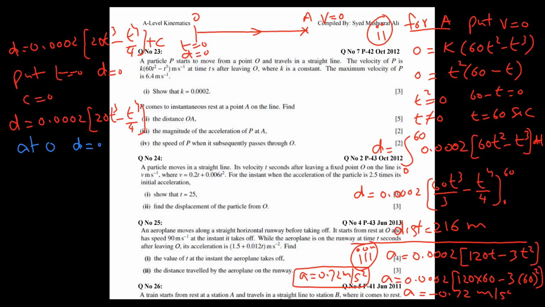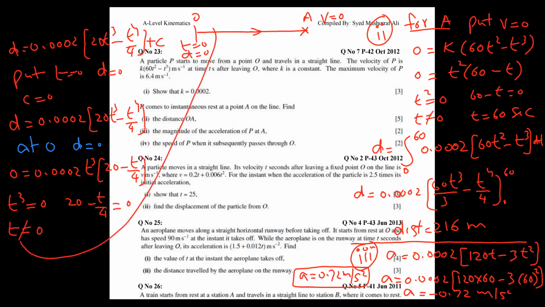So I put 0 here: 0 equals 0.0002, and I can take t cubed common from inside, giving 20 minus t over 4. So either t cubed equals 0 or 20 minus t over 4 equals 0. t equal to 0 is not possible. Why, sir? It's the starting point. So t over 4 equals 20, and multiplying, I got 80 seconds.